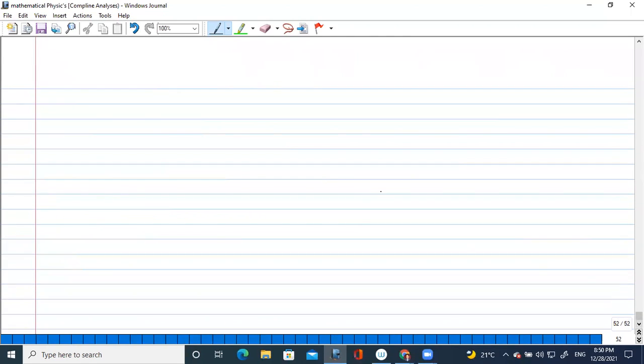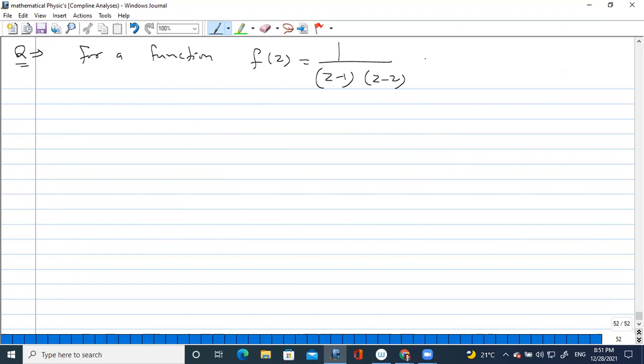So if I'm giving you one question, for a function f(z) equal to 1 upon (z minus 1)(z minus 2), find the types of singularity.